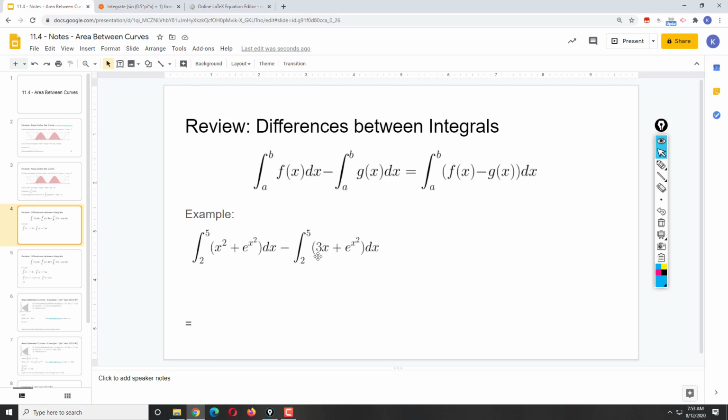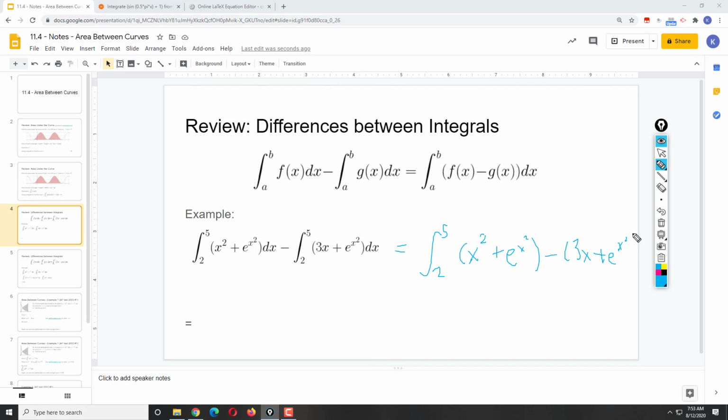This can be useful. For example, we have the integral from 2 to 5 of x squared plus e to the x squared dx minus the integral from 2 to 5 of 3x plus e to the x squared dx. Well, we can just subtract these. So it's the integral from 2 to 5 of x squared plus e to the x squared minus 3x plus e to the x squared.